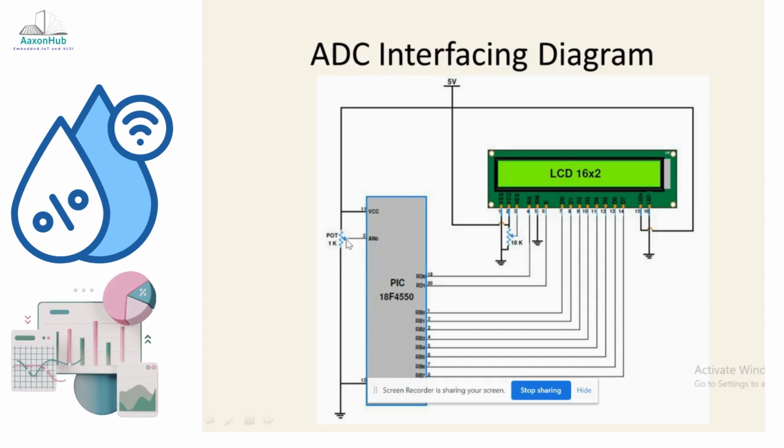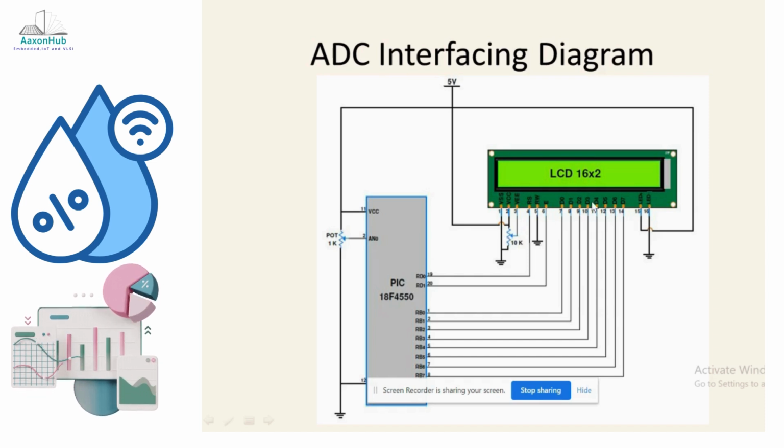I need to convert the analog value coming from the pot, and the converted ADC result will be displayed on the LCD.